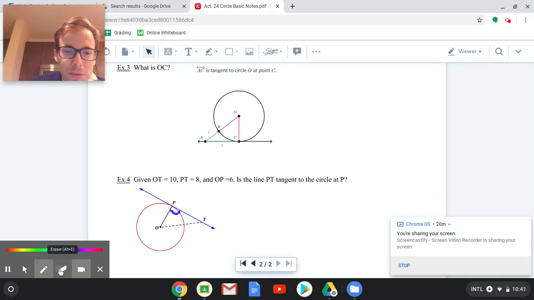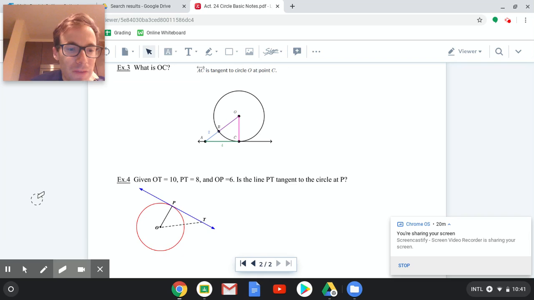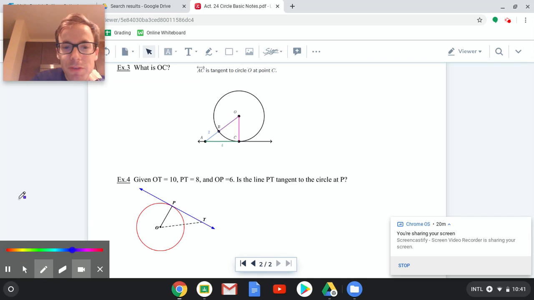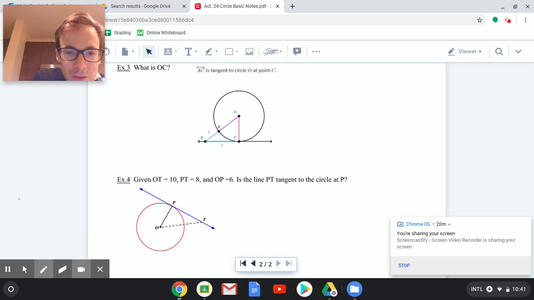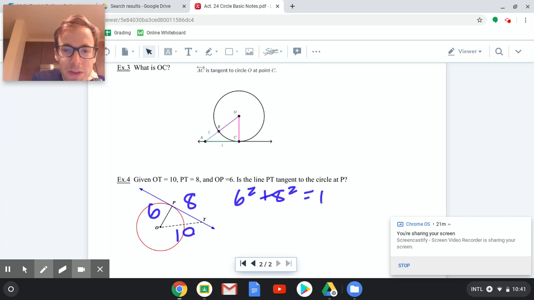The way to prove if a right angle is formed right there is by doing Pythagorean theorem, called the converse of Pythagorean theorem. That proves if a right angle is formed with a triangle. So the measure of OT is 10, PT is 8, and OP is 6. If we apply Pythagorean theorem to that triangle, and this equation is true, then we can say that is a right triangle, therefore angle P is a right angle.